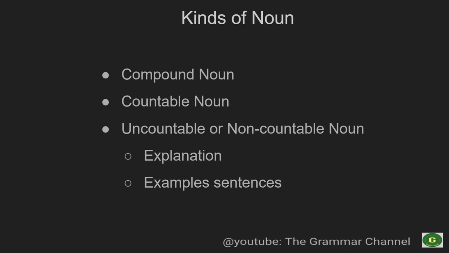Countable. So we use the word the for some singular nouns which are unique. For example, the earth. Though it is singular, we use the article the: the sun, the moon. But they are singular. We use the word the. So these are the examples of unique form of countable nouns.